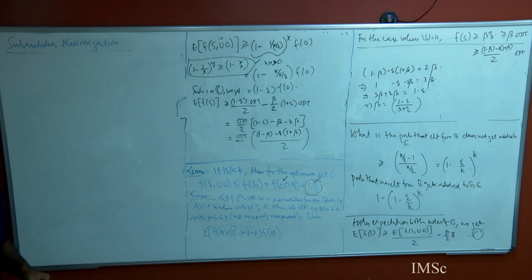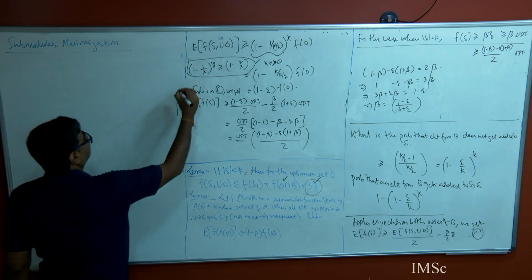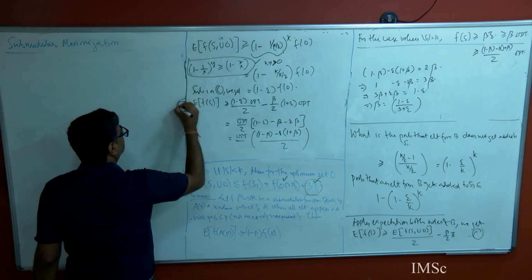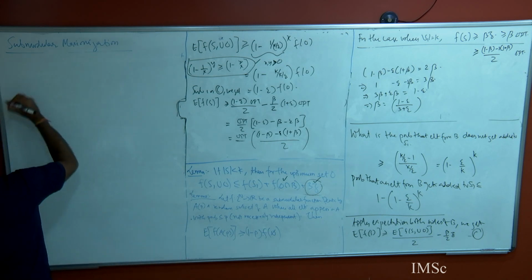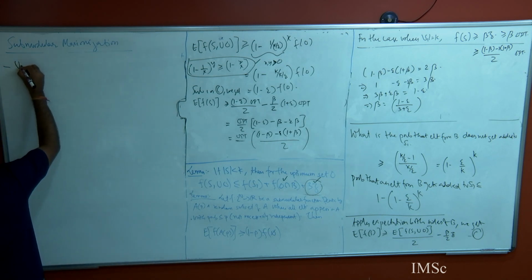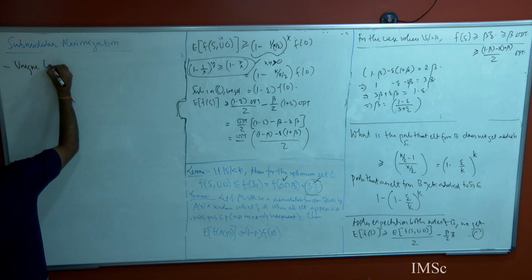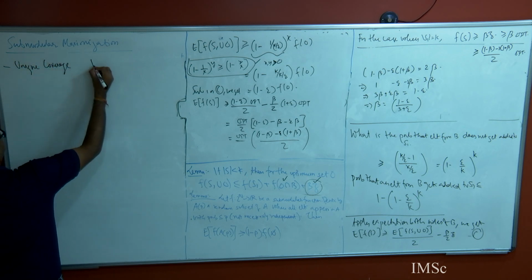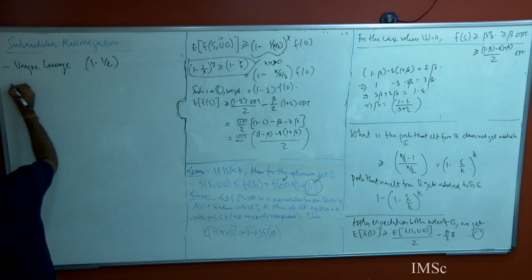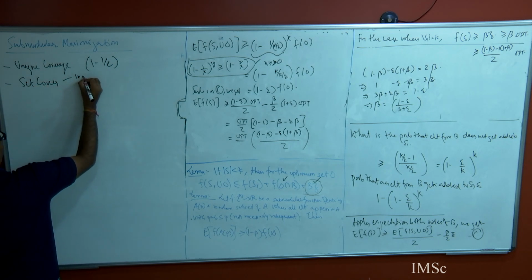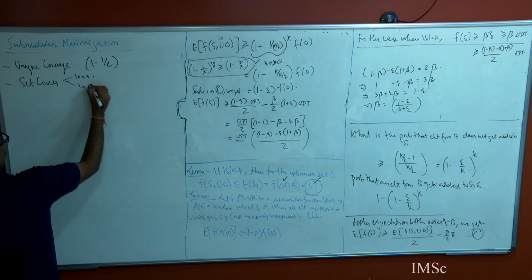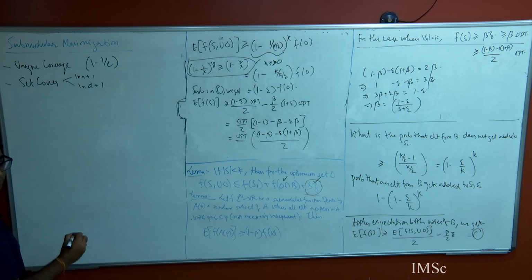Okay. So we made a long tour, and we learned first unique coverage. What was the approximation? 1 minus 1 over E. Then we learned set cover, ln n plus 1 and ln d plus 1 approximation factor algorithm.